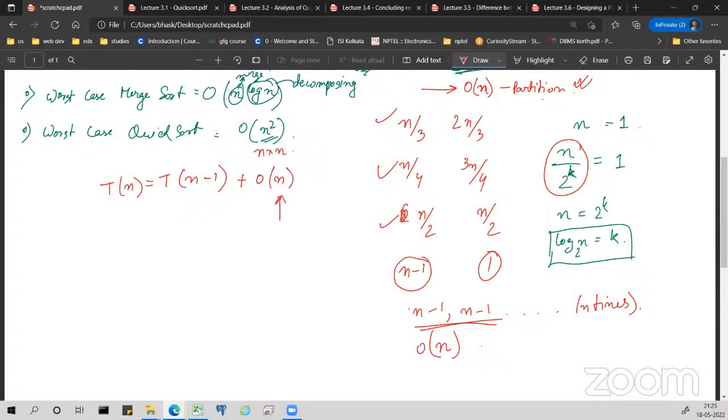This is the time for your partition algorithm, fine, and this is the recurrence, I mean, the recursive call for quicksort. So when your pivot is already placed in its correct position and it is located at one end of the list or array, then you are actually in the worst case of quicksort.